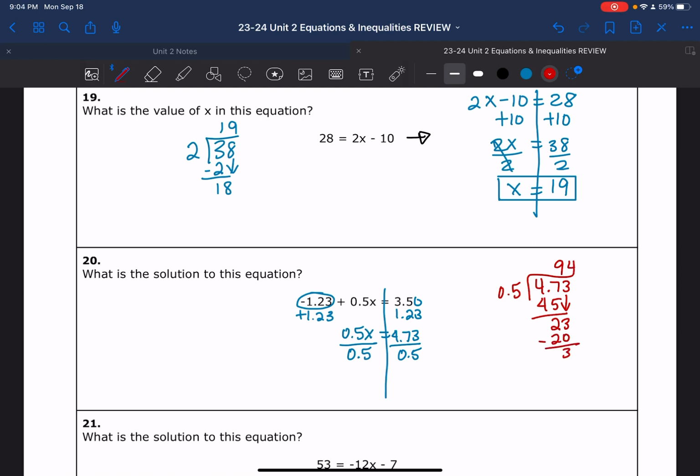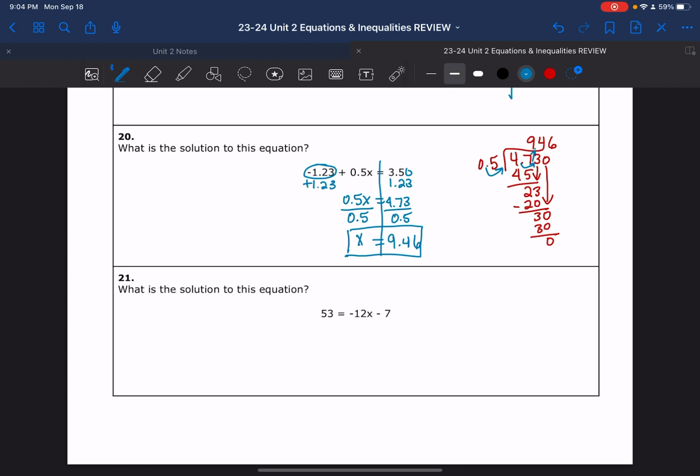Subtract, and that would give me 3. Bring down another 0. Now, I know that 5 can go into 30 6 times. That would be exactly 30, and I'm done. Now, all I have to do is move the decimal over once here, and then bring it up in between 9 and 4. So my answer is going to be 9 and 46/100ths.